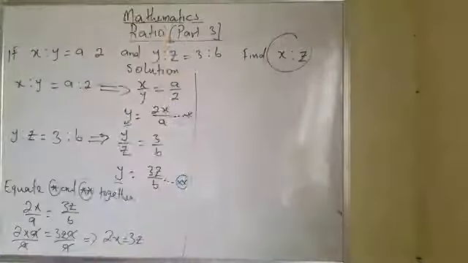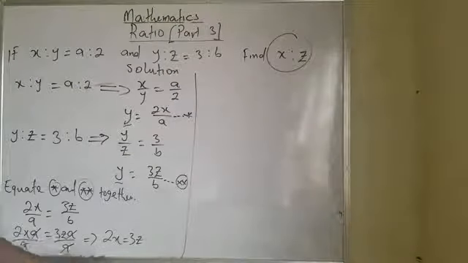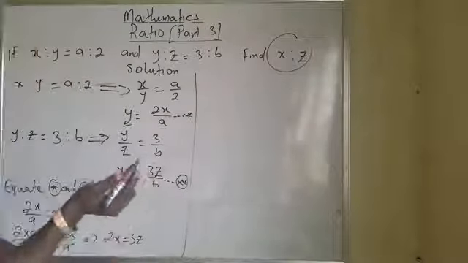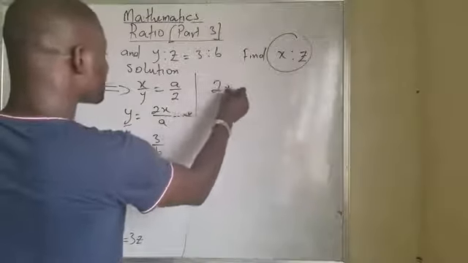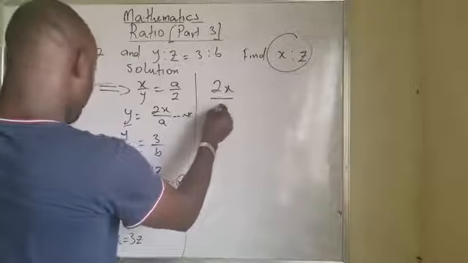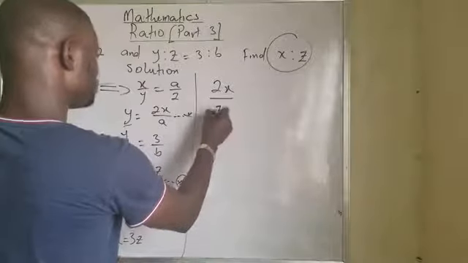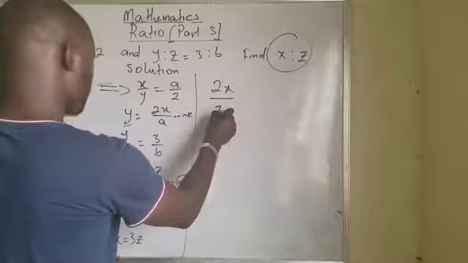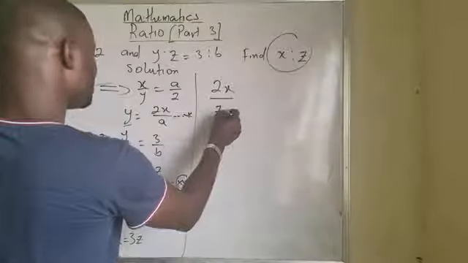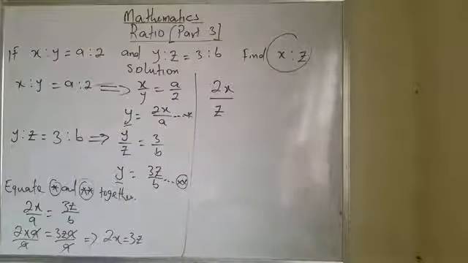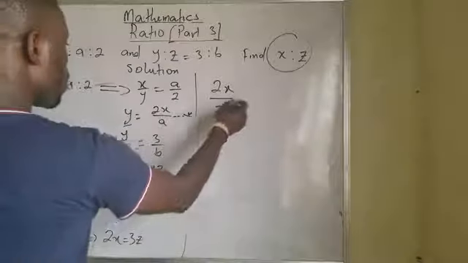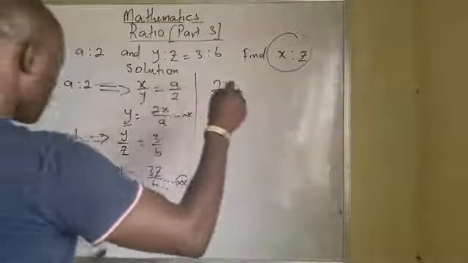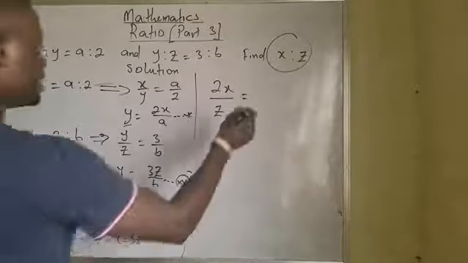This is what you are looking for. With what I'm having, I can say that x was the first, so if I have it in this form, 2x all over z equals 3.